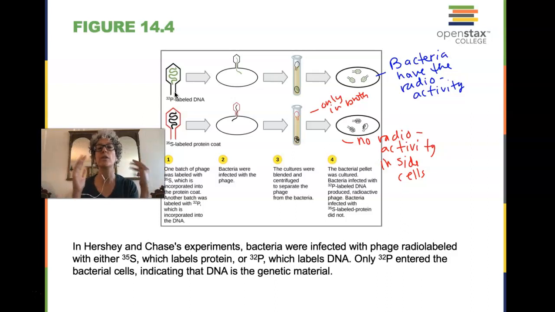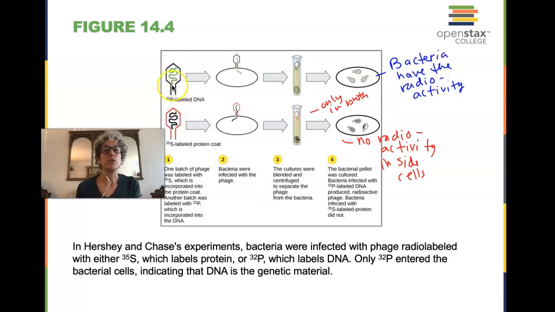There's no carbohydrates, there's no RNA, there's nothing else but protein and DNA. So if the phosphorus is radioactive, as the viruses duplicate inside the cell, the DNA will become radioactive.